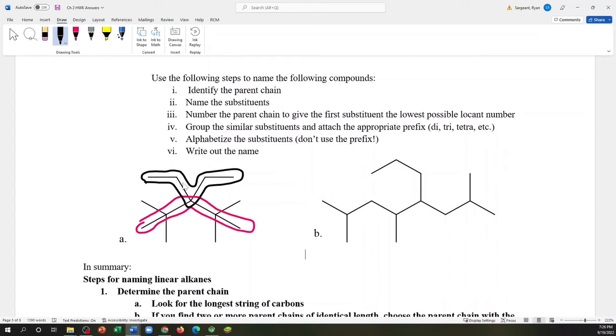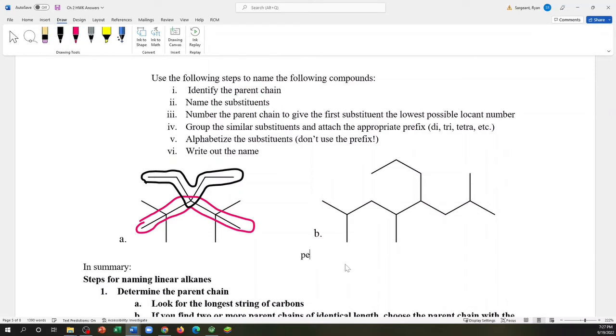But the black parent chain only has 2 lines coming off of it, so it has 2 substituents, whereas the pink parent chain has 1, 2, 3, 4, 5, 6 total lines coming off of it. So while there are multiple different parent chains that have 5 carbons, the parent chain with 5 carbons and 6 total substituents is the one that I'm going to choose.